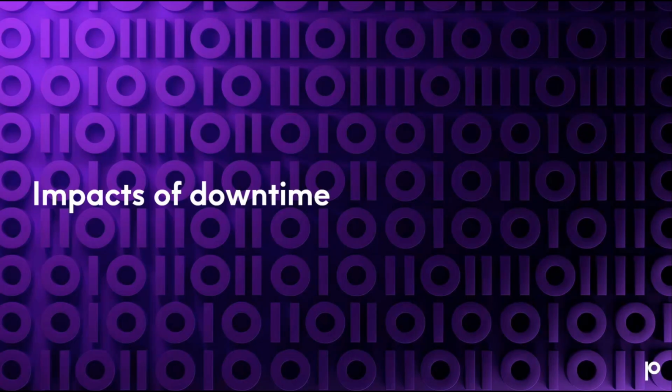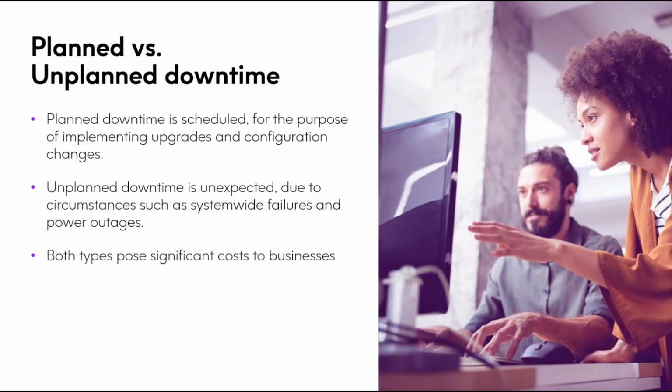So going right into it, let's start with the business side of things. When we talk about downtime, there are really two categories, right? Planned downtime is the one that we schedule, things like upgrades, maintenance, or even just configuration changes. Unplanned downtime is what catches us off guard. It's failures, outages, or even other disruptions that we didn't anticipate.